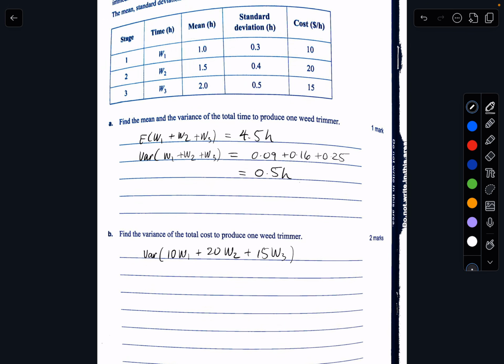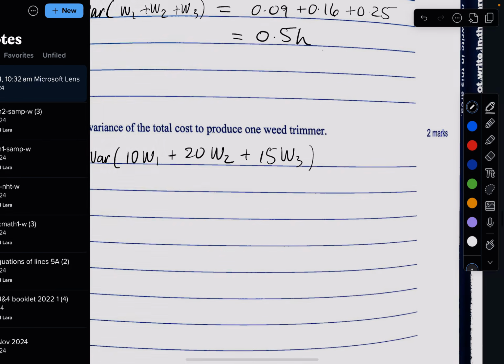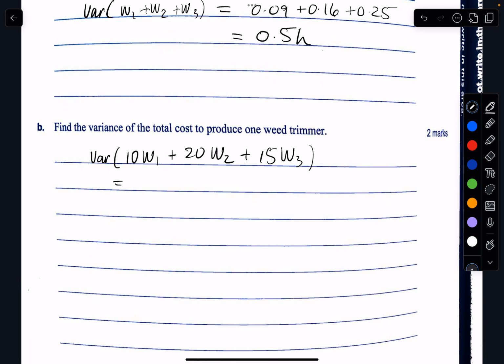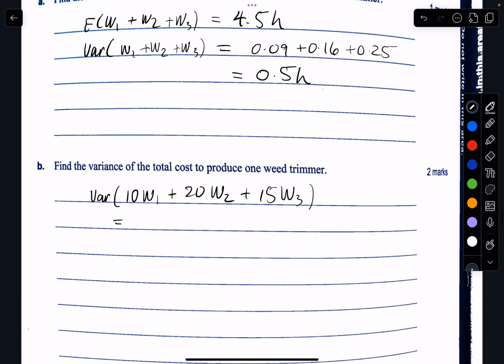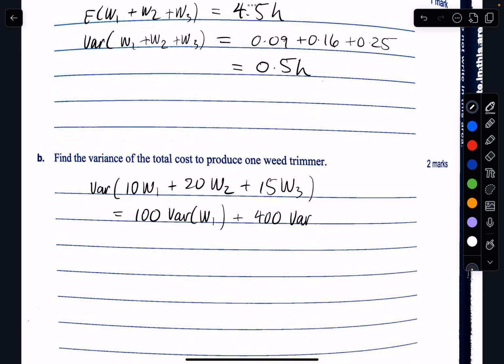I think that's right. And so that would actually be 100 times the variance of W1 plus 400 times the variance of W2 plus 225 times the variance of W3.